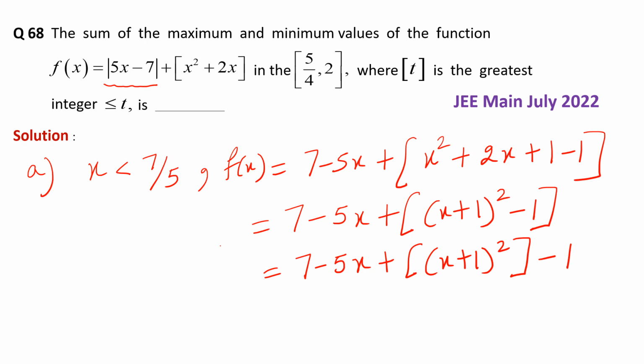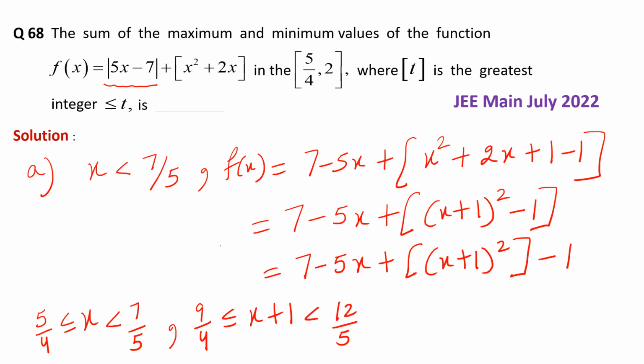Now students, when x is greater than or equal to 5/4 and less than 7/5, for this particular interval, x + 1 becomes greater than or equal to 9/4 and less than 12/5. So I can write (x + 1)² greater than or equal to 81/16 and less than 144/25.